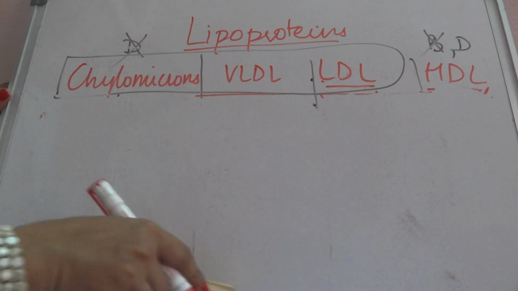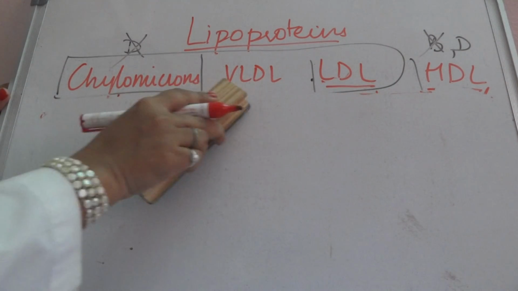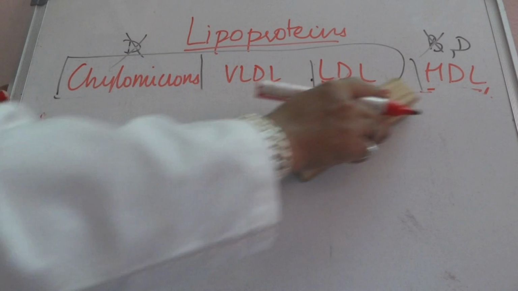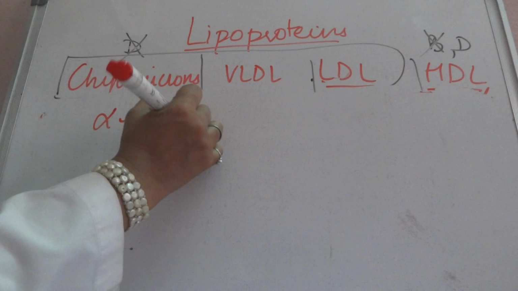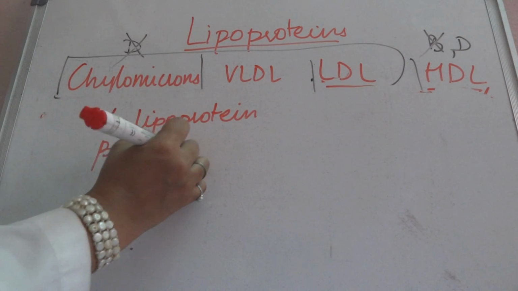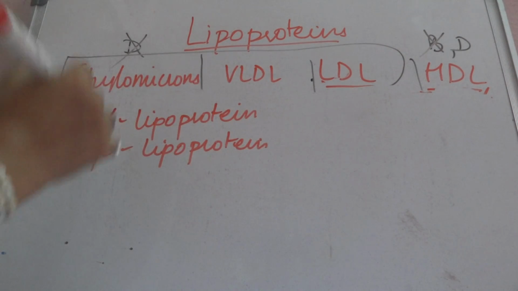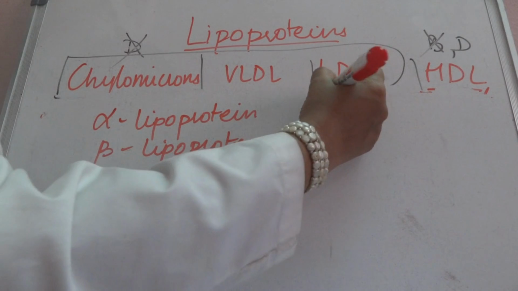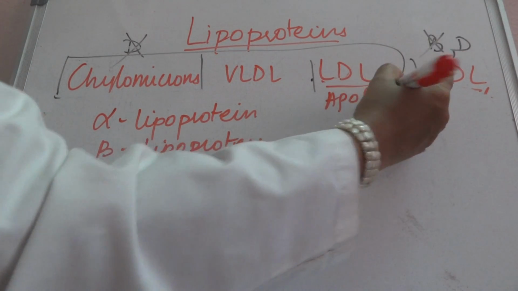In plasma proteins we had discussed that there is one alpha lipoprotein and there is one beta lipoprotein. Now I want to draw your attention that LDL has apoB100. I want you to learn it, that is why I am giving you this.